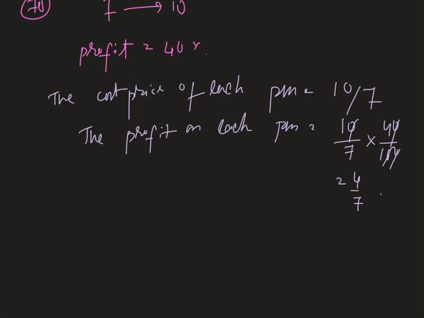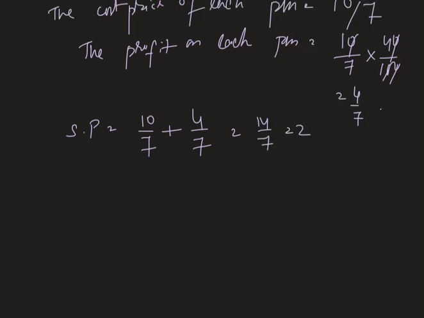Okay, so this is the profit on each pen. Therefore, the selling price is cost price plus profit, that means 14 divided by 7 is equal to 2. So this is the selling price for one pen.